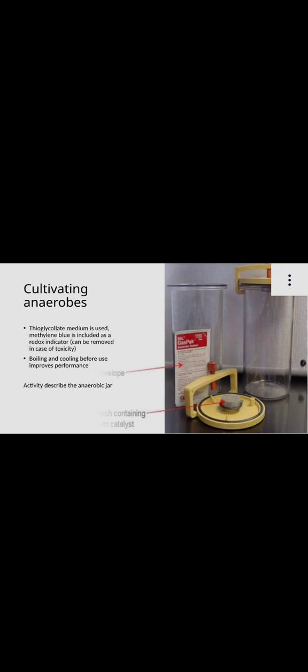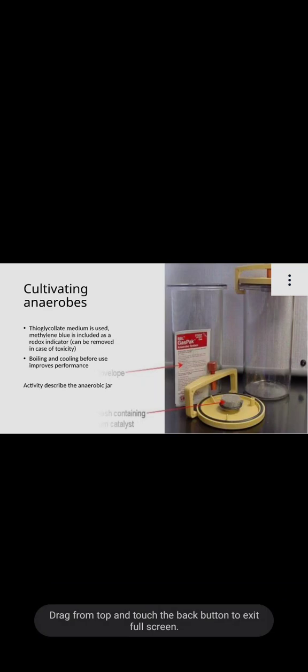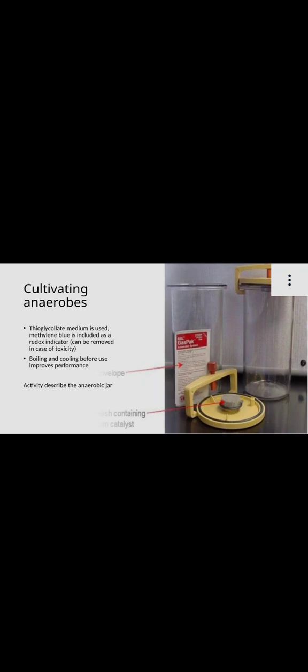So anaerobes are those microorganisms that we said do not require oxygen. It is a bit difficult to cultivate them. However, there are tools which facilitate that cultivation.